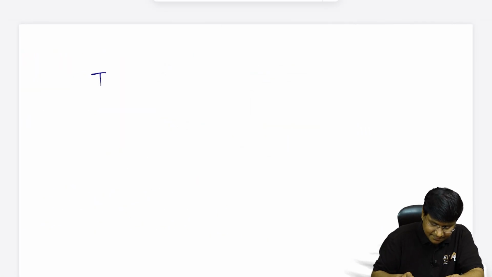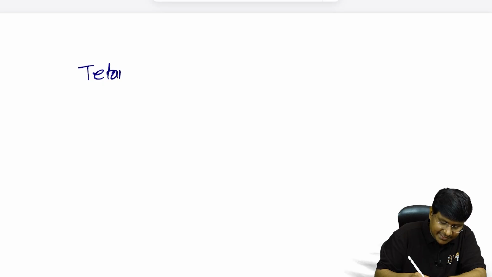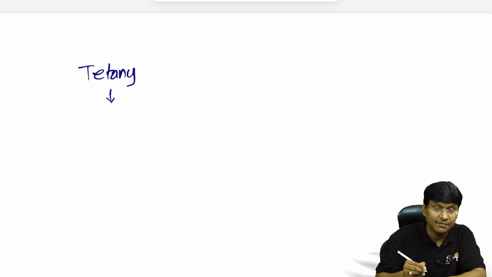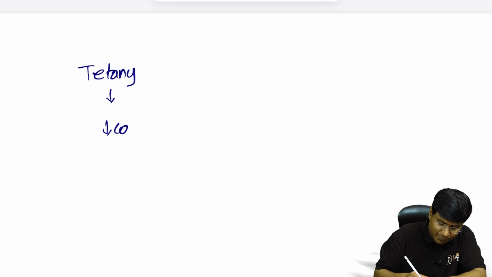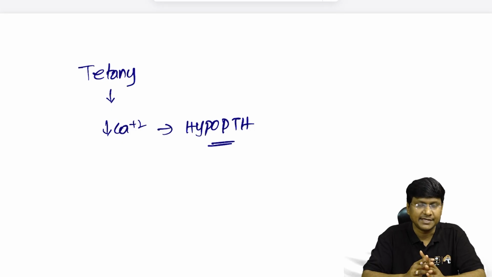And where do you come across this tetany? It is the feature that you will have in patients with hypocalcemia, and this hypocalcemia can occur secondary to hypoparathyroidism.